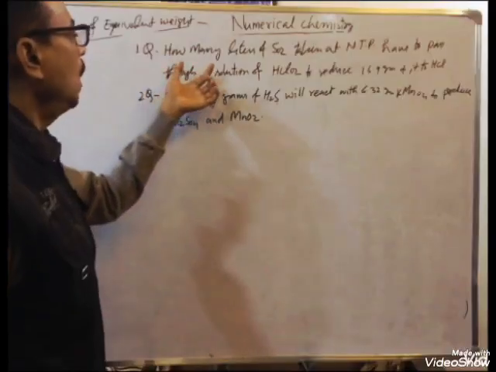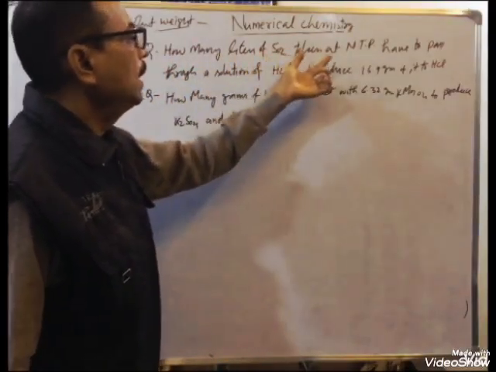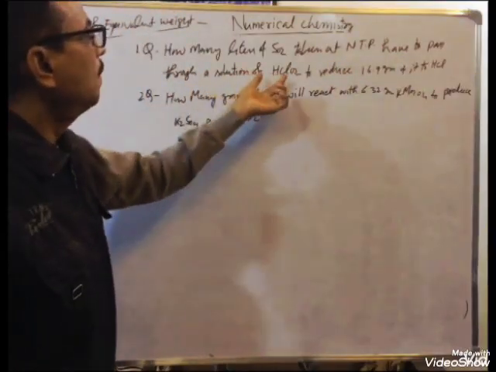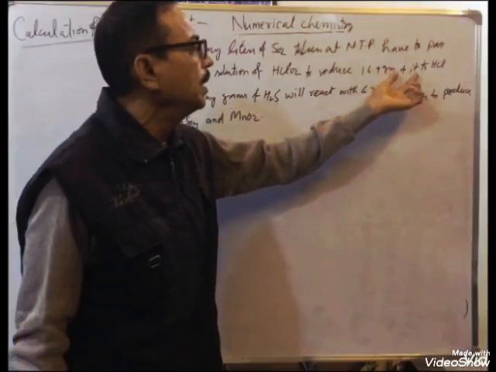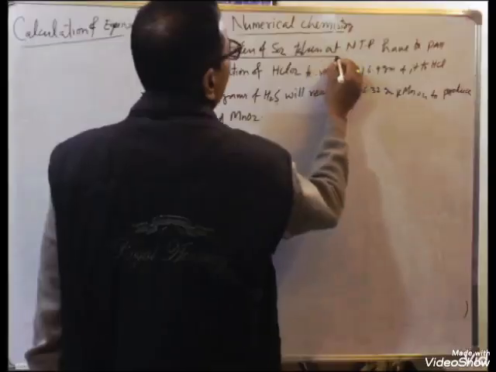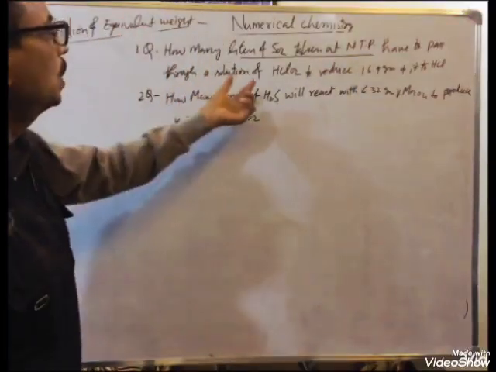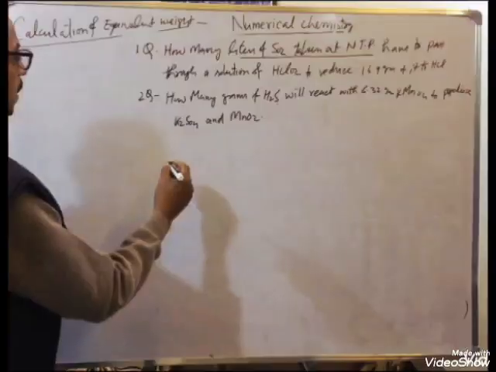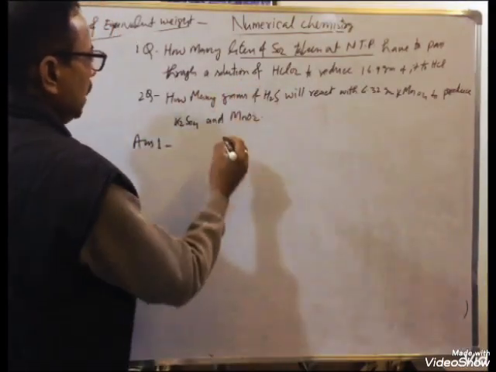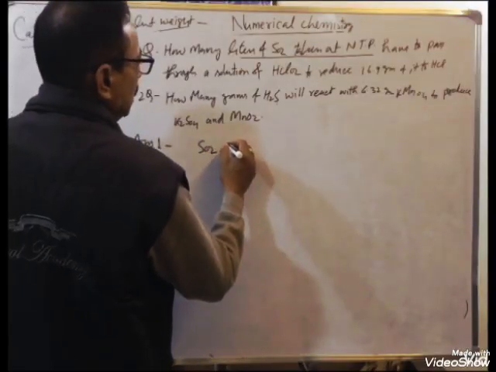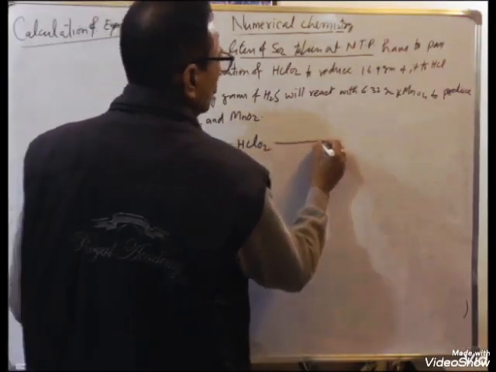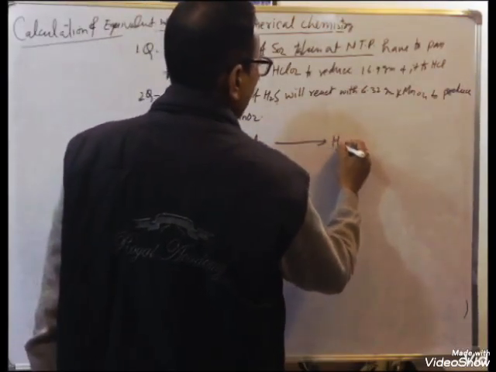One more question. How many liters of SO2 taken at STP have to pass through a solution of HClO2 to reduce a given number of grams of it to HCl? So the question is, SO2 is passed in the solution of HClO2 to reduce HClO2 to HCl.